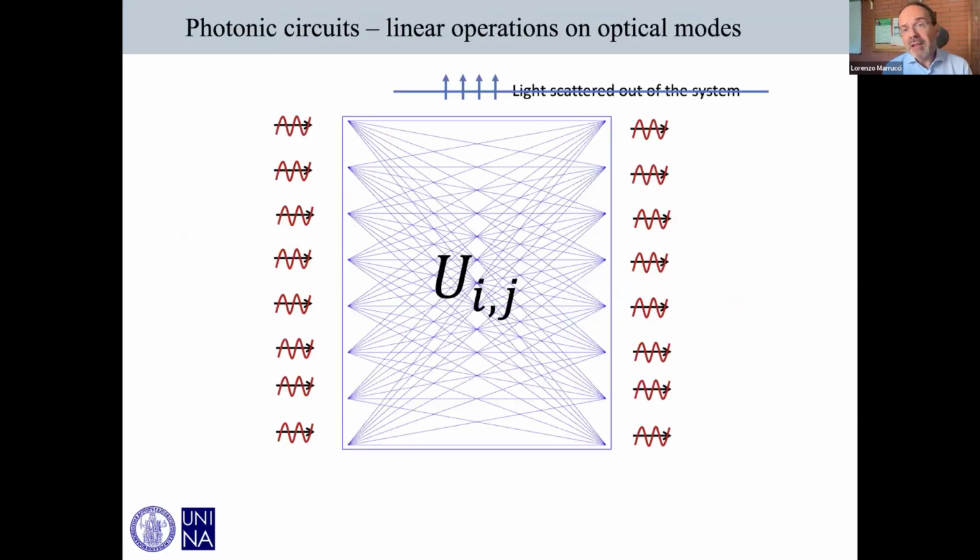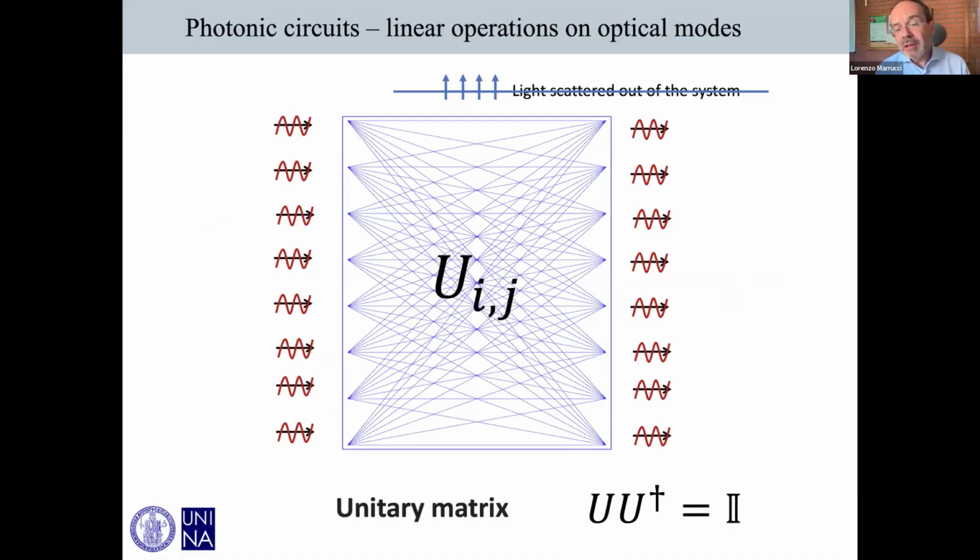If you don't have light scattered out of the system, so all the energy in the modes stays within the set of modes that you define your system, then the matrix becomes unitary and therefore obeys the standard unitary matrix law shown below, that the inverse of the matrix is the same as the adjoint.